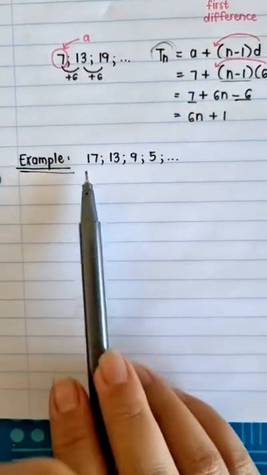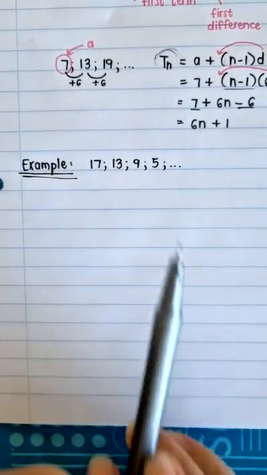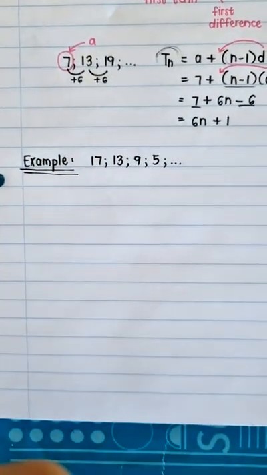Notice that we're going from bigger numbers and the numbers are getting smaller. We are actually subtracting values here from each term.